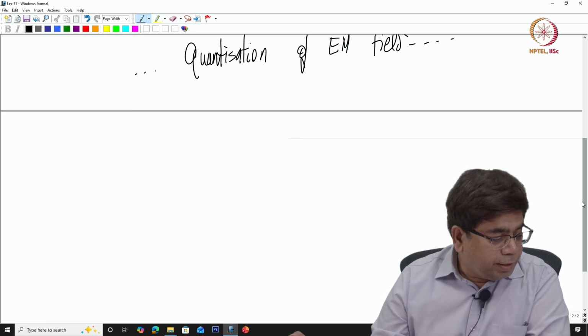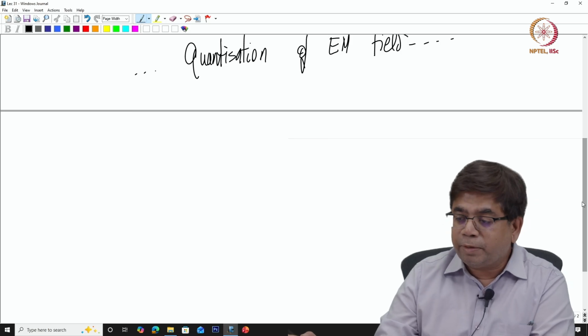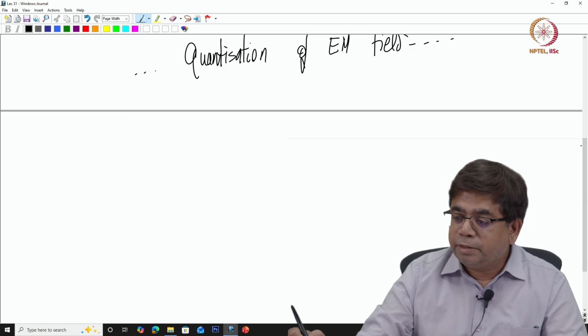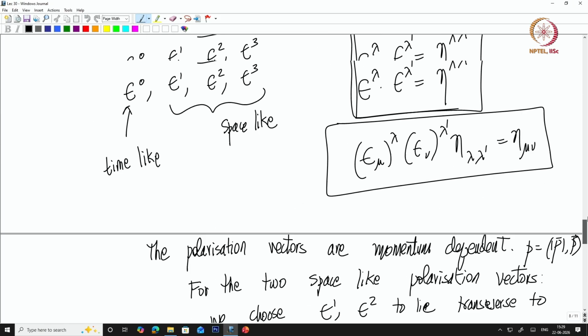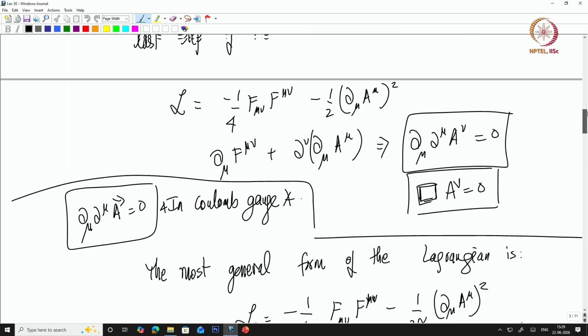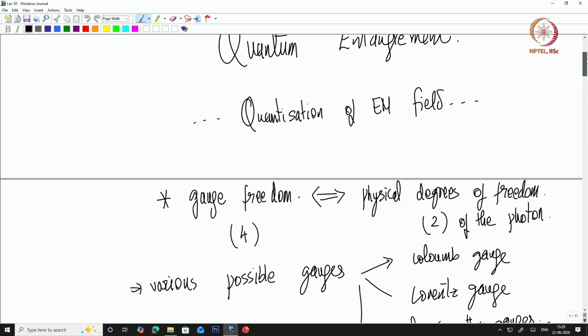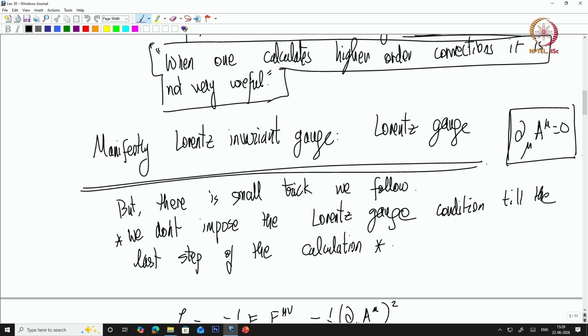Now, what we have been trying to do is quantize the electromagnetic field in the Lorentz gauge. So far we have not imposed the Lorentz gauge condition, which is del mu A mu equal to 0.